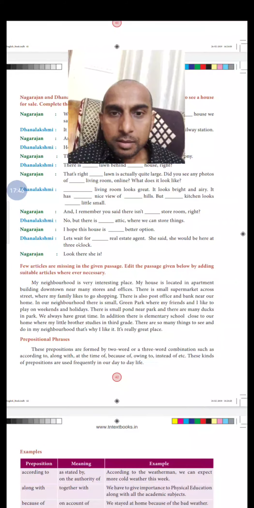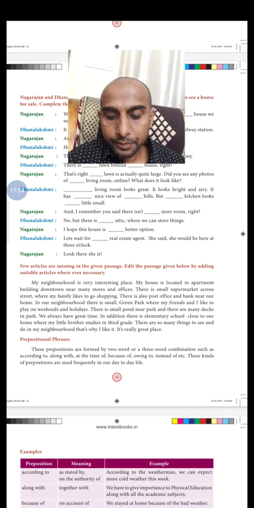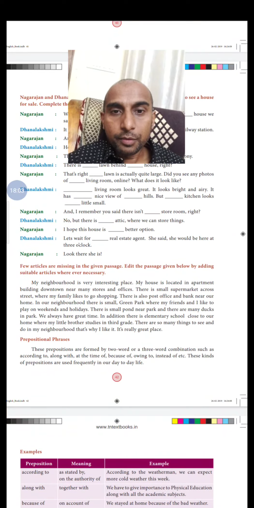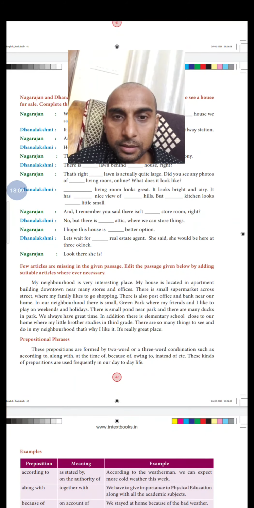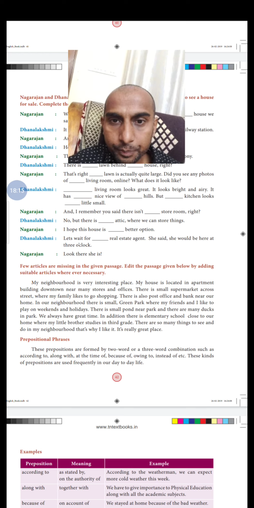There is a small supermarket across the street where my family likes to go shopping. There is also a post office, a post office, and a bank, because all are singular nouns. A bank near our home.